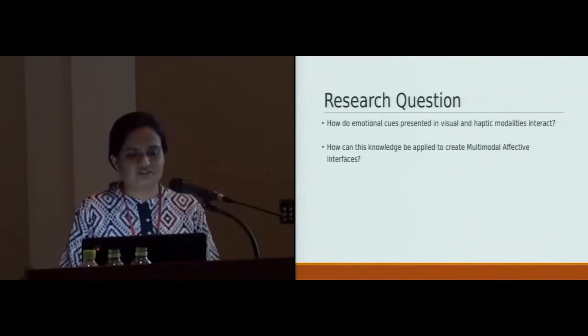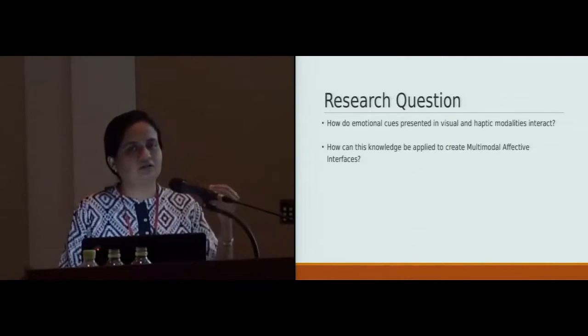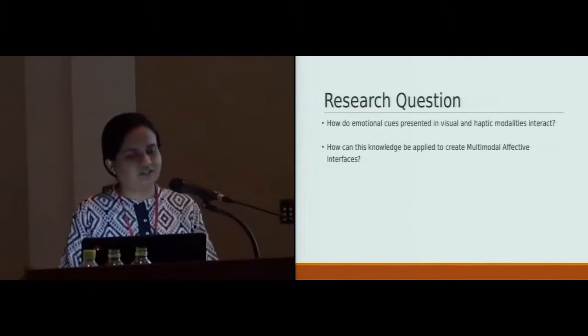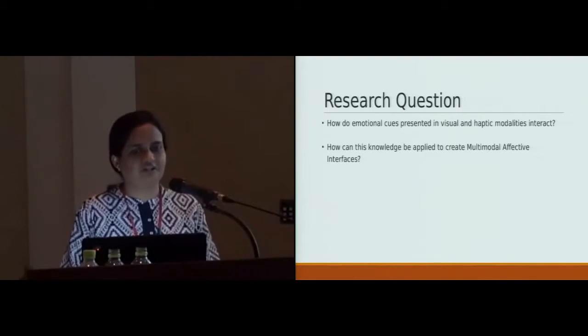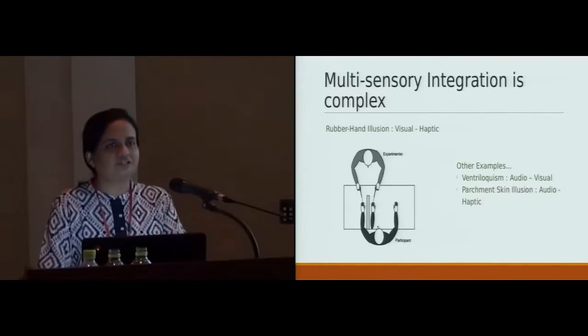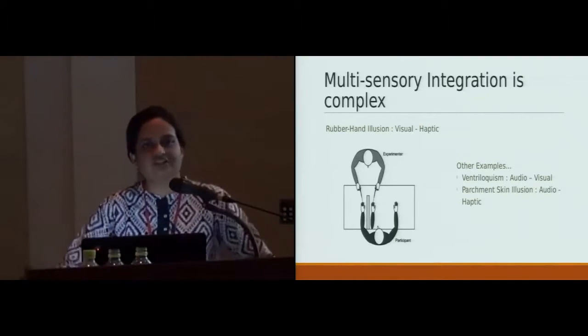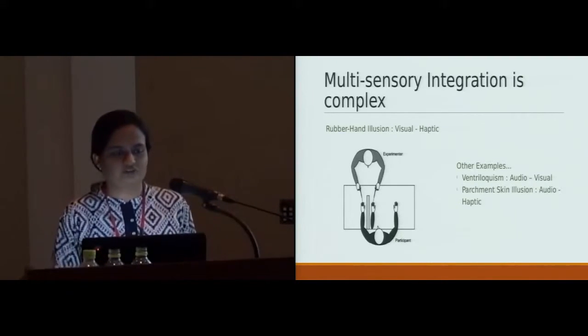Which brings us to a research question. How do emotional cues present in visual and haptic modalities interact? And how can this knowledge be used to generate and create multimodal affective interfaces? Now, research in cognitive science and psychology has long established that multimodal integration is not a straightforward process.